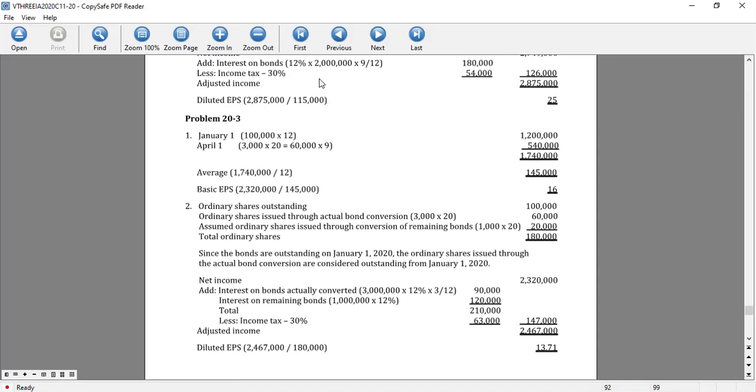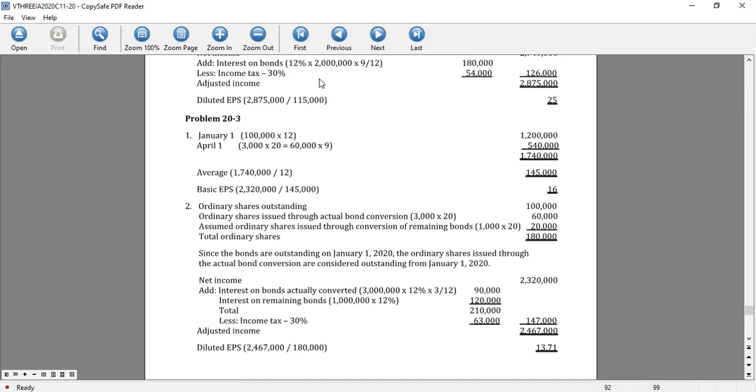Now computing for the basic earnings per share, we now have January 1 with 100,000 ordinary shares. So we have to multiply this by 12, arriving at the peso months of 1.2 million. Then on April 1, we have 3,000 shares multiplied by 20.